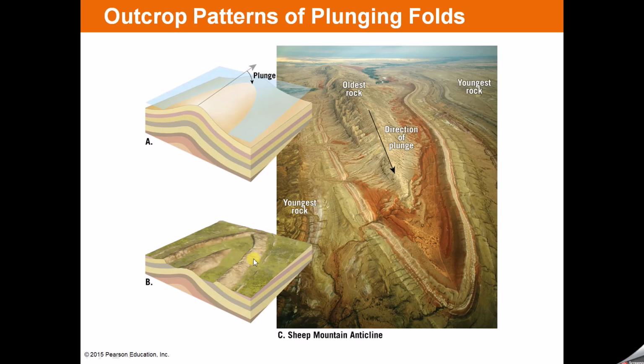If you look at them from an aerial photograph, you will see this nose. So if you look at this example here, we have this nose that tells us there's a plunging fold, and this is the direction of plunging. And these rocks, the oldest rocks are in the middle and the youngest outside. So if the oldest rocks are at the center, that means this plunging fold is an anticline, a plunging anticline.